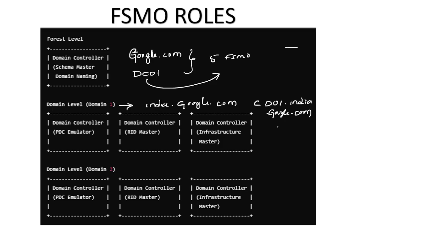When you check the FSMO roles in india.google.com, you log into cdc01.india.google.com and run the FSMO query, and there you will see two roles, the schema master and the domain naming master.